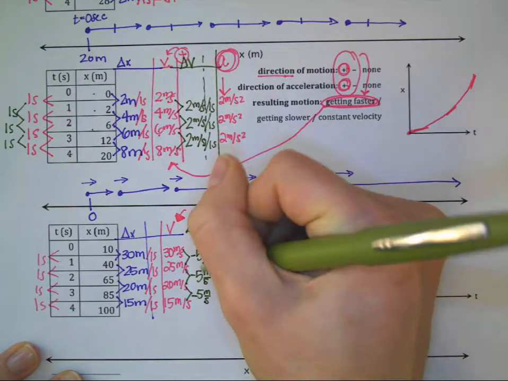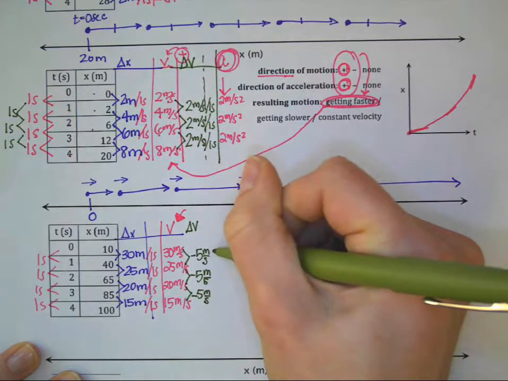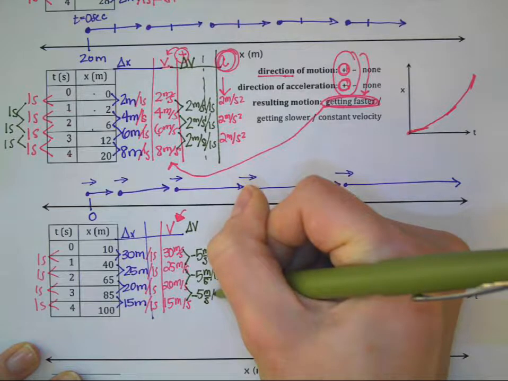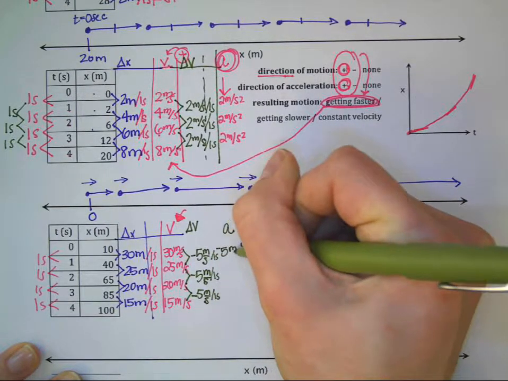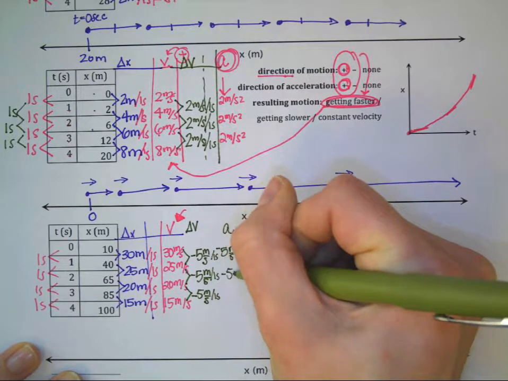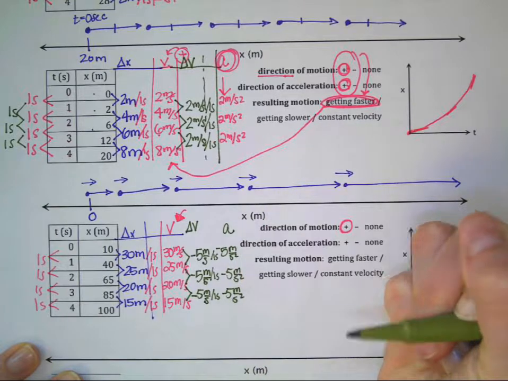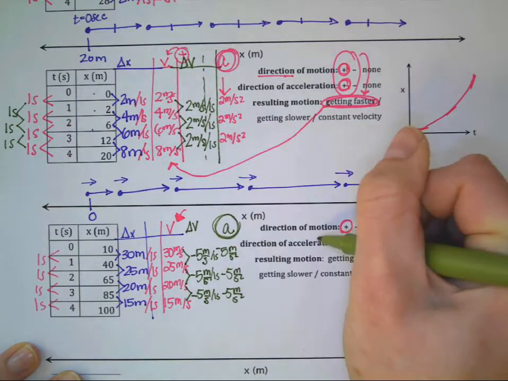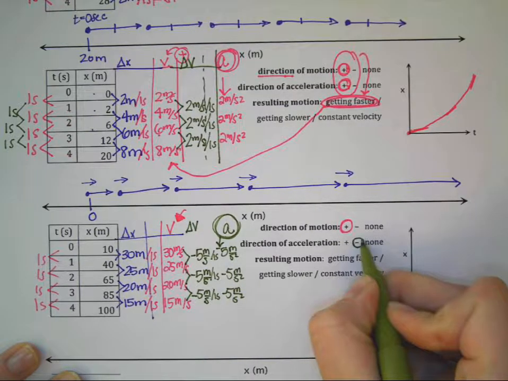Because the time increments between these are 1 second each, I can divide by that 1 second, and my acceleration values are negative 5 meters per second squared, negative 5 meters per second squared, and negative 5 meters per second squared. Because this acceleration is negative, the direction of the acceleration is negative.